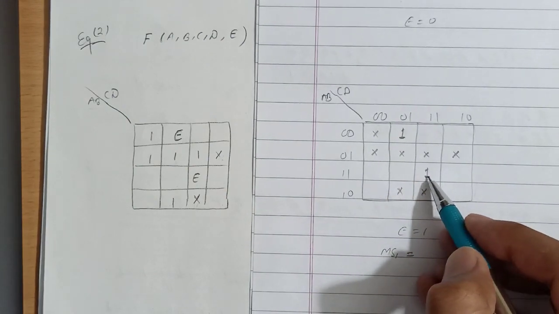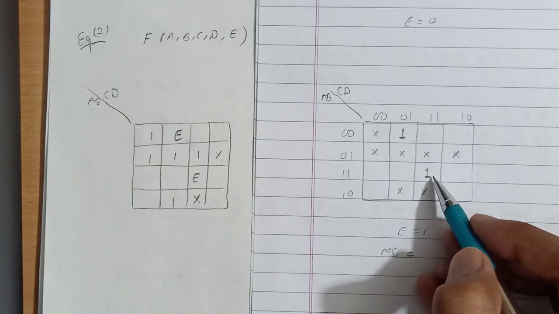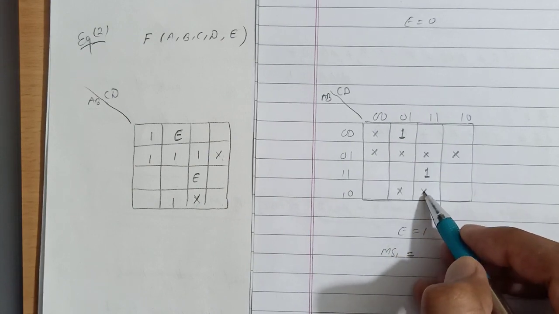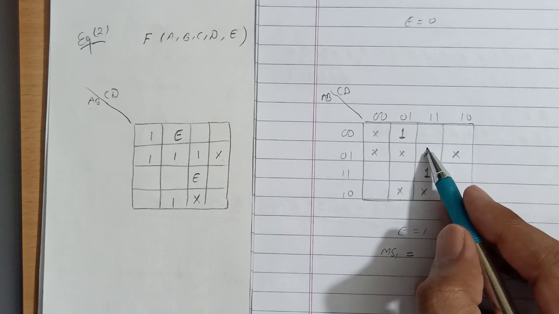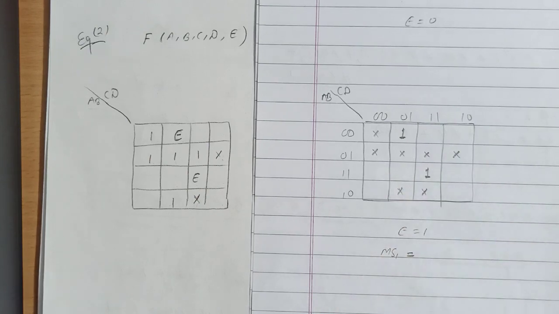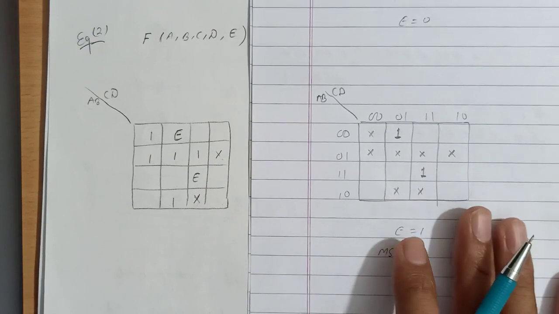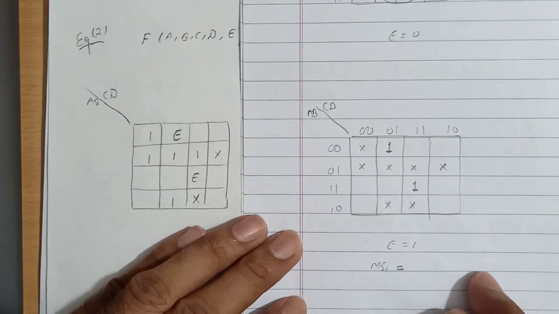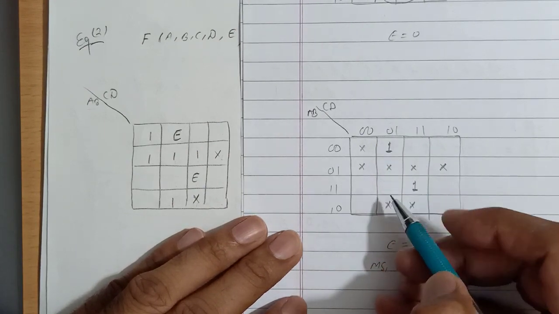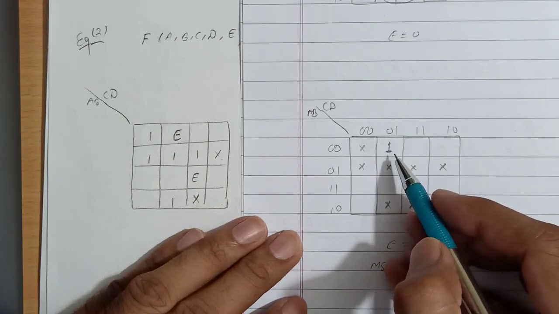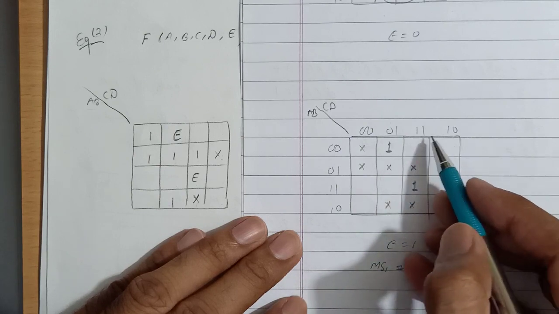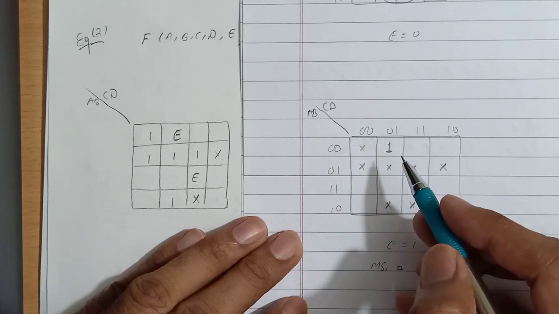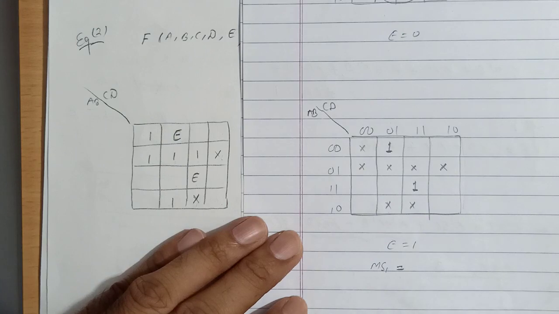Again, if we consider this one, these two are neighbors, but we cannot cover these two neighbors using a single term. So there is no essential prime implicant. If I look at the prime implicants, there may be many more, but we have to select the minimum number of prime implicants that cover the ones.